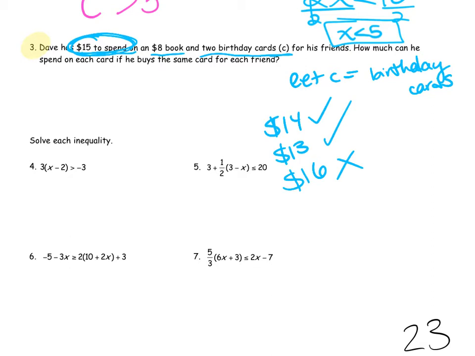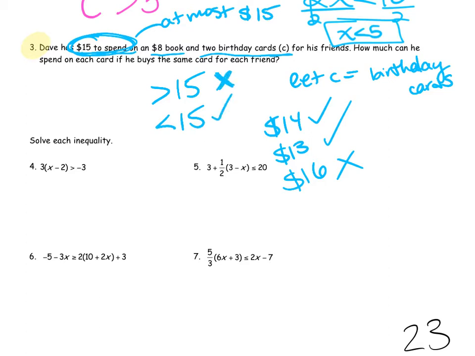So he has at most $15 to spend. I can't spend more than 15. I can spend less than 15. So we can't spend more than. I could spend less than 15. I could also spend 15. So combine these, and that's less than or equal to.